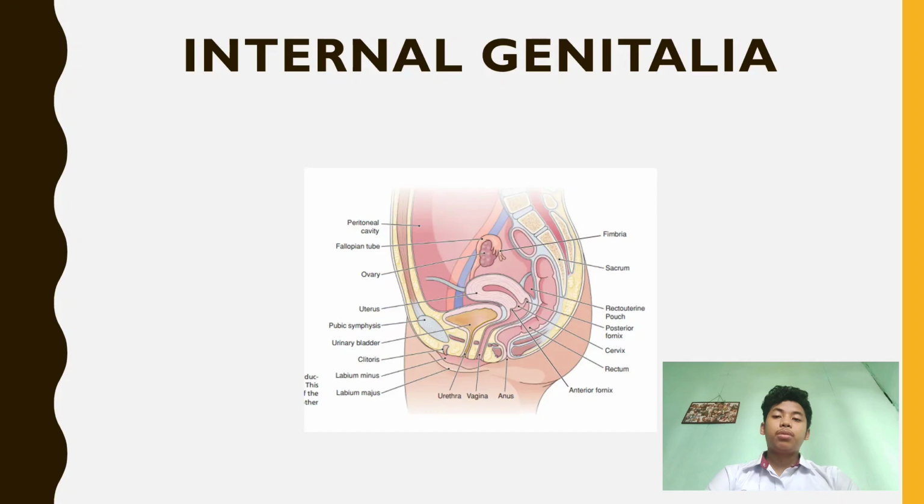These 8 to 12 centimeter long tubes begin near the ovaries and enter the uterus just beneath the fundus. The ends of the tubes near the ovaries have fringe-like extensions called the fimbriae. The ovaries, fallopian tubes, and supporting ovarian ligaments are referred to as the adnexa, Latin for the appendages.